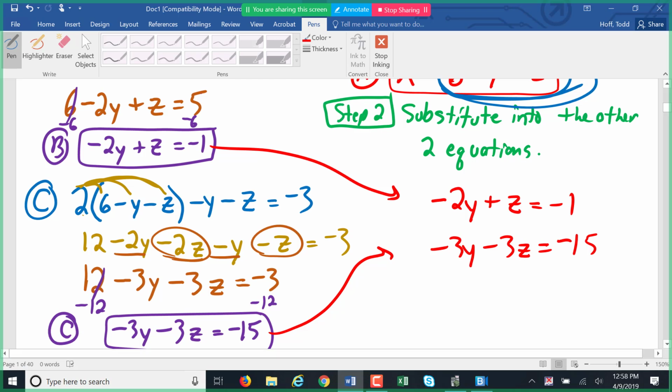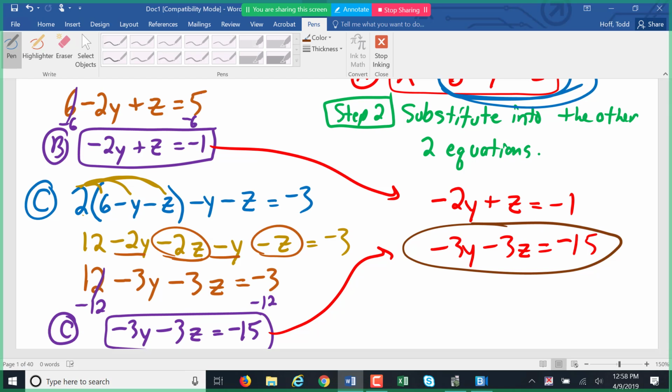I could simplify this equation here because every term in that equation is divisible by negative 3. But rather than dividing it by negative 3, I'm going to divide it by positive 3. The reason I'm doing that is if I divide it by positive 3, the z is going to end up being a negative 1. Why would I want the z to be a negative 1?